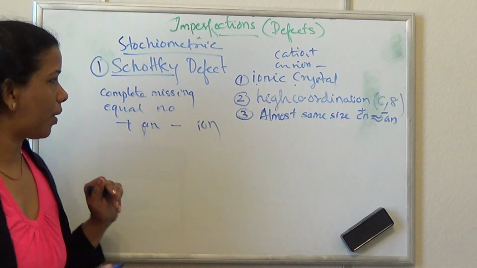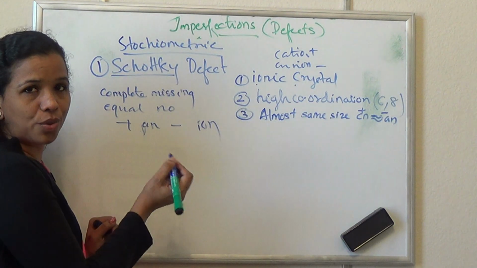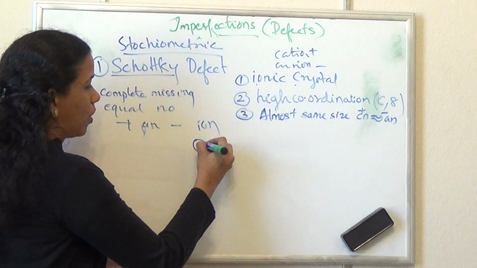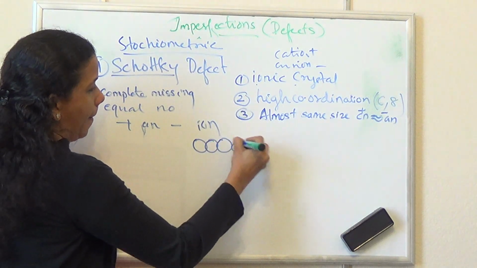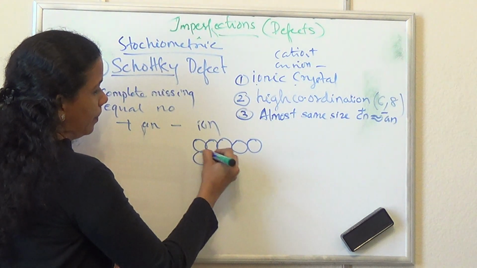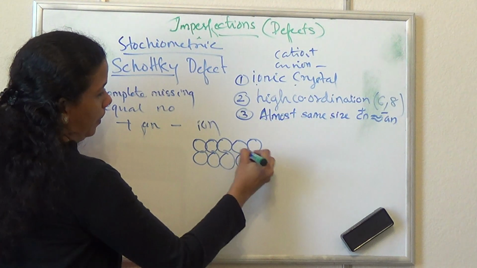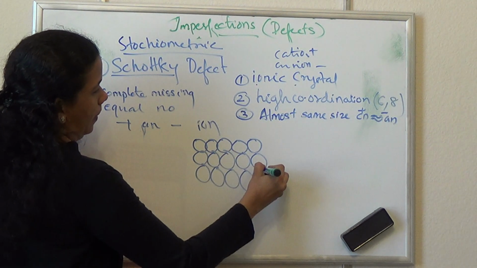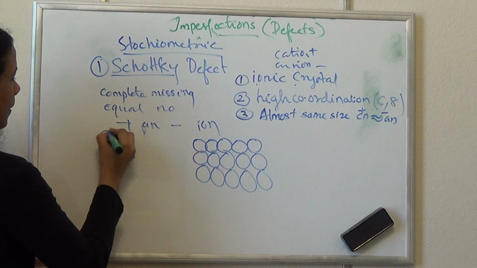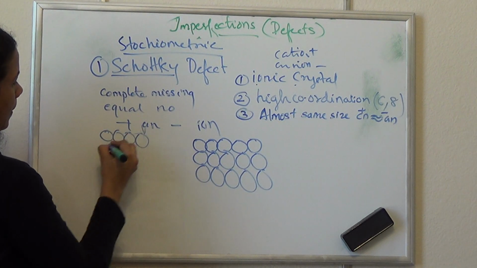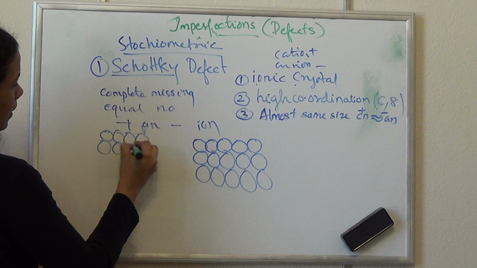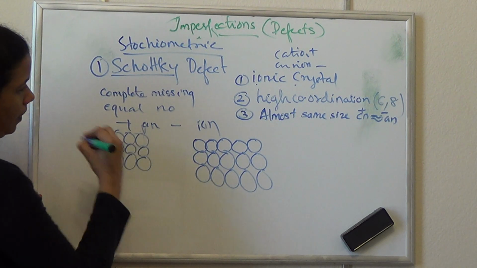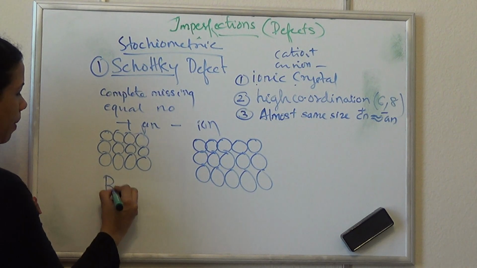So I will simply draw a picture. Here I am drawing only in 2 dimensions. You know the actual crystal structure. Here I am simply drawing. So this is before the defect.